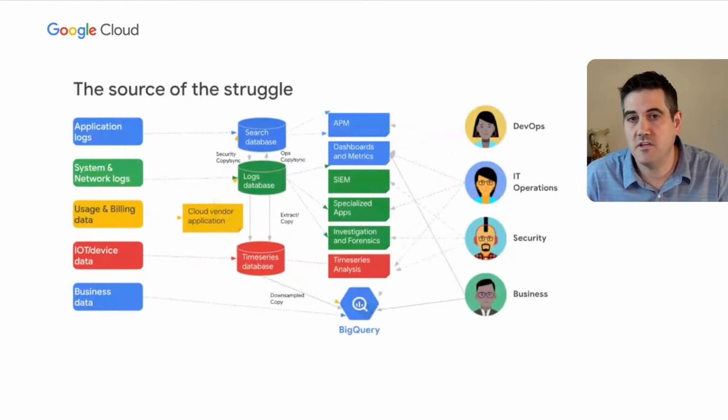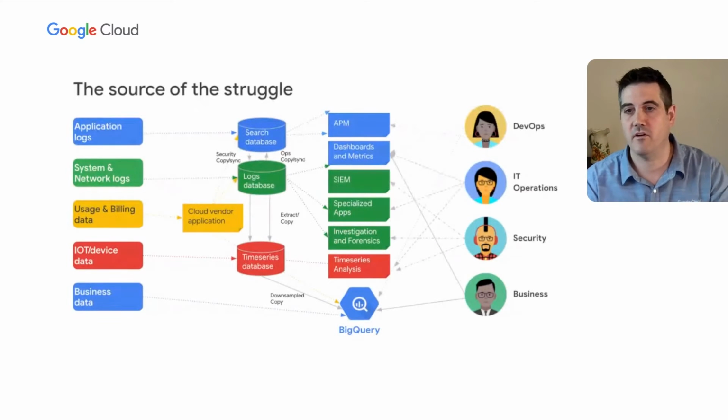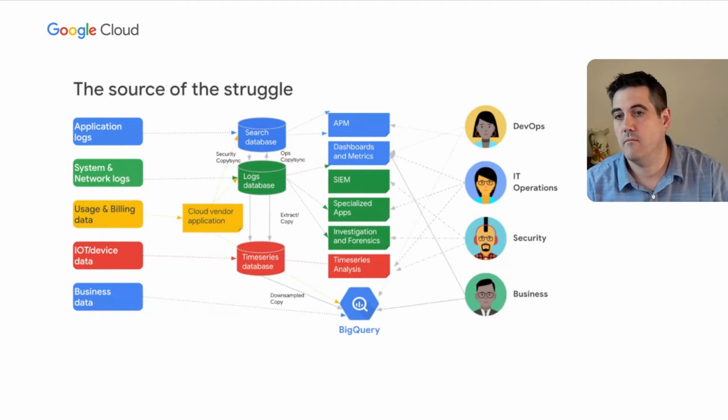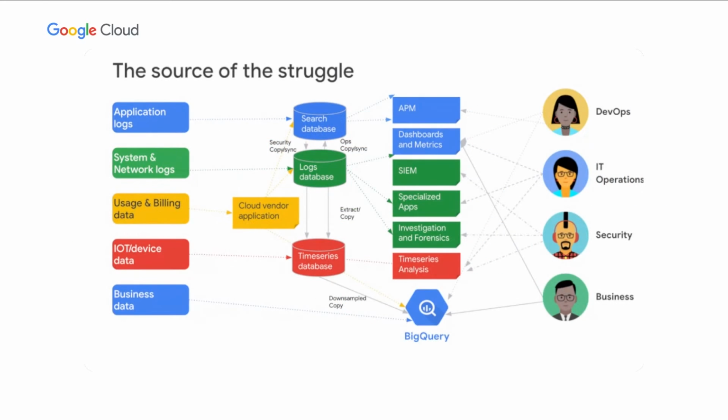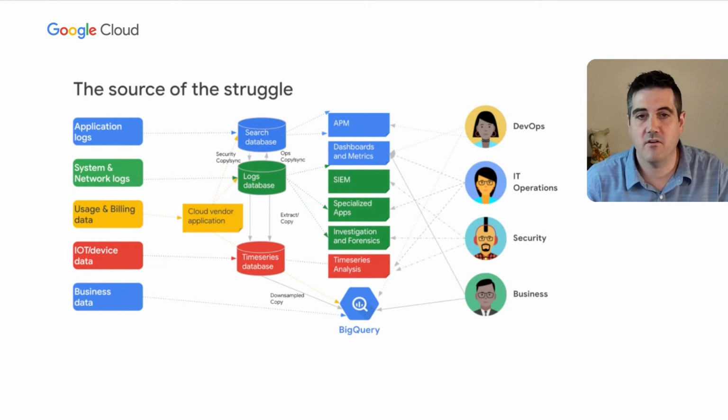Most of you watching are probably familiar with a similar convoluted architecture at your own company, where possibly application logs go into an Elastic index, and that's where your application performance monitoring or Kibana dashboards are. But then you have lower level operating system network logs that flow into a proprietary security vendor's database. Then, of course, there are other machine generated logs, like maybe from sensors or IoT data, and they get stored in a format that's optimized for time series analysis, which is then downsampled and moved into a data warehouse.